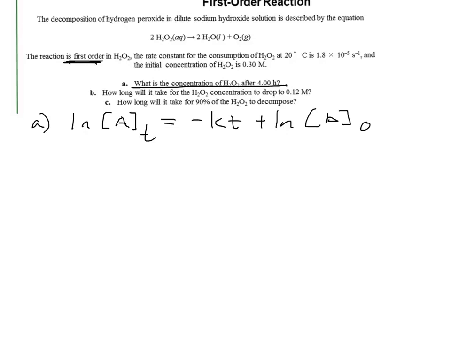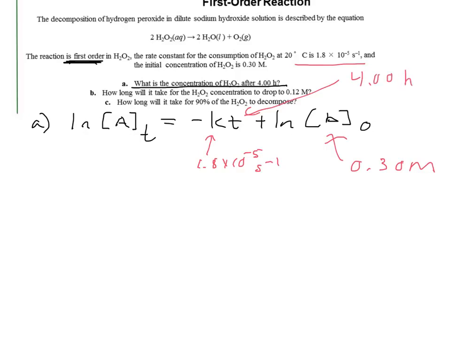Then as I read the problem, they tell me that the rate constant is 1.8 times 10 to the negative fifth inverse seconds. Then they tell me my initial concentration is 3.0. And they want to know the concentration after 4 hours. So they tell me that my time is 4 hours.